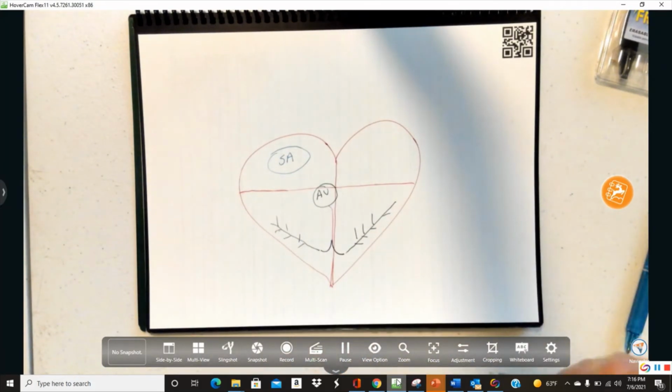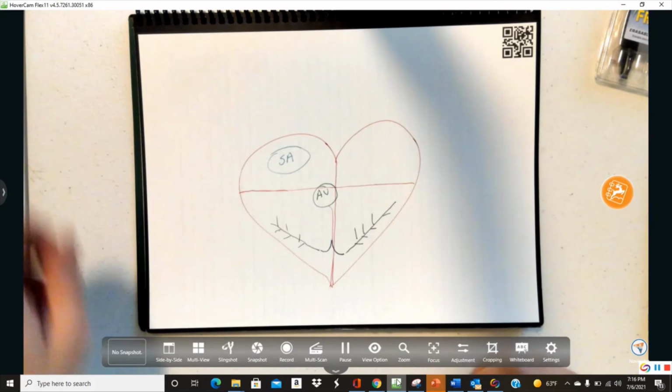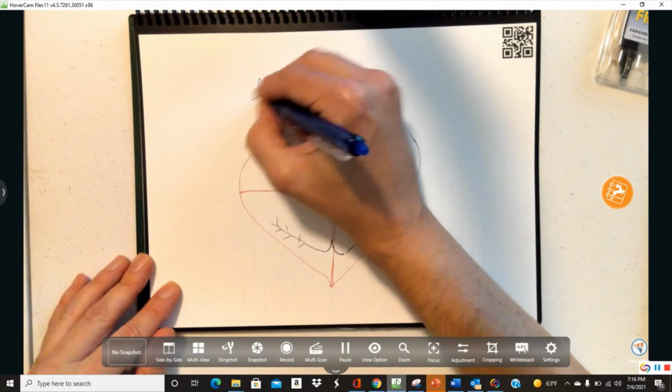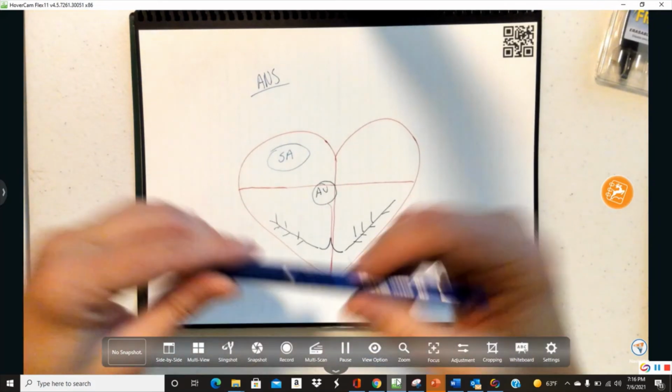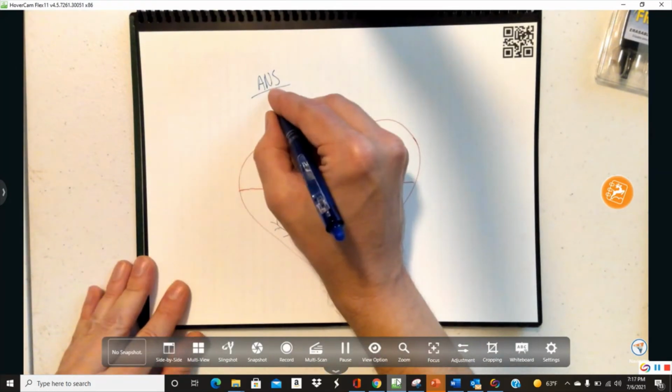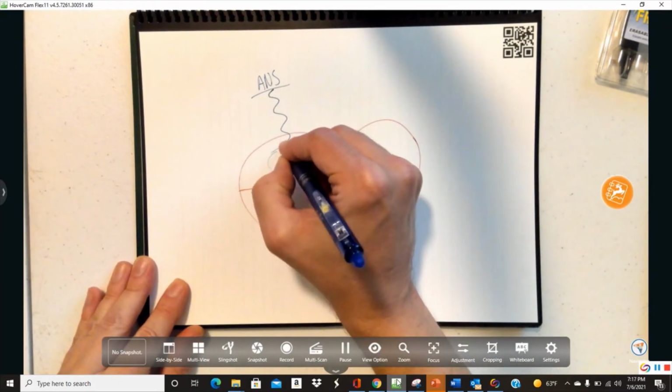Okay, so let's start out. The autonomic nervous system, the ANS, I want you to think of as the conductor, the maestro of the symphony. One of the things the ANS does is sympathetic and parasympathetic innervation.